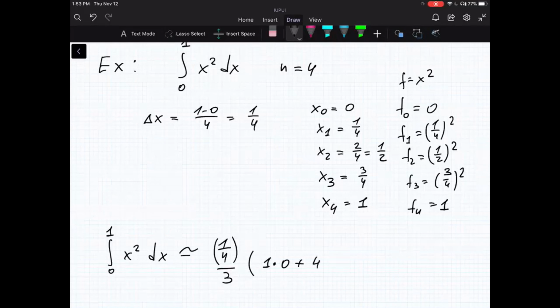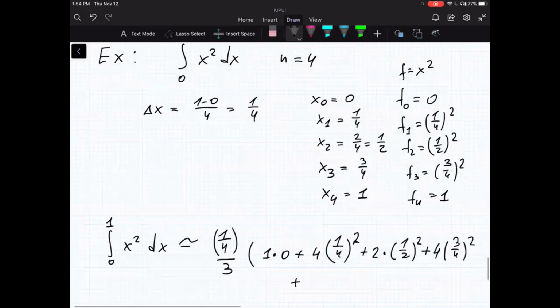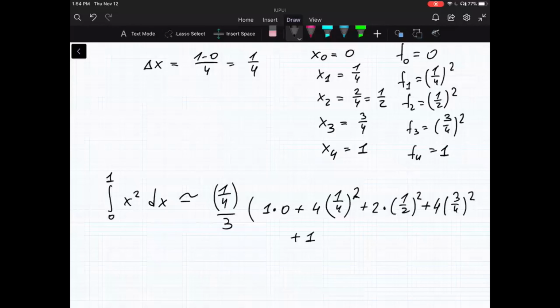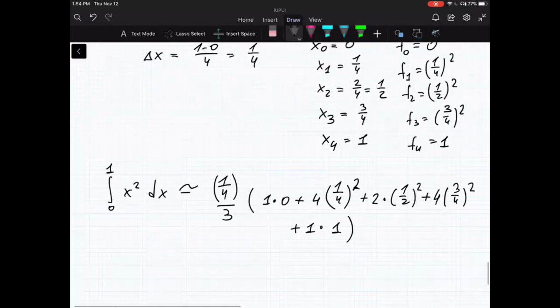So it's 4 times f1, which is 1 over 4 squared, plus 2 times f2, which is 1/2 squared, plus again 4 times f3, which is 3 over 4 squared, and plus, since it's the last one, the coefficient is 1, f of x4, which is just 1. And you can calculate and get that it is 0.333.